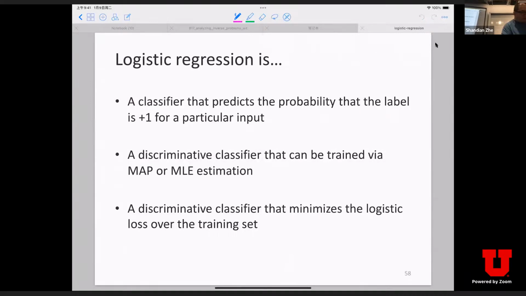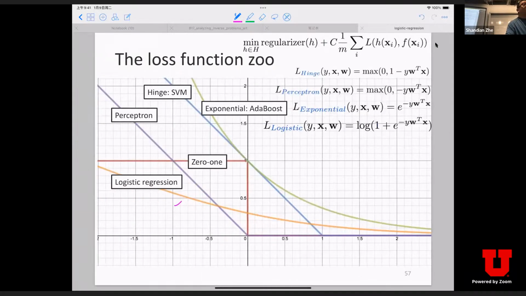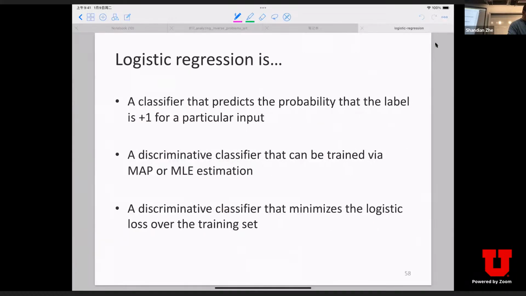Okay. So now we have finished our discussion of logistic regression. But before we do the summary, any questions so far? Everyone feels comfortable? Okay. So we have given an introduction to logistic regression today.